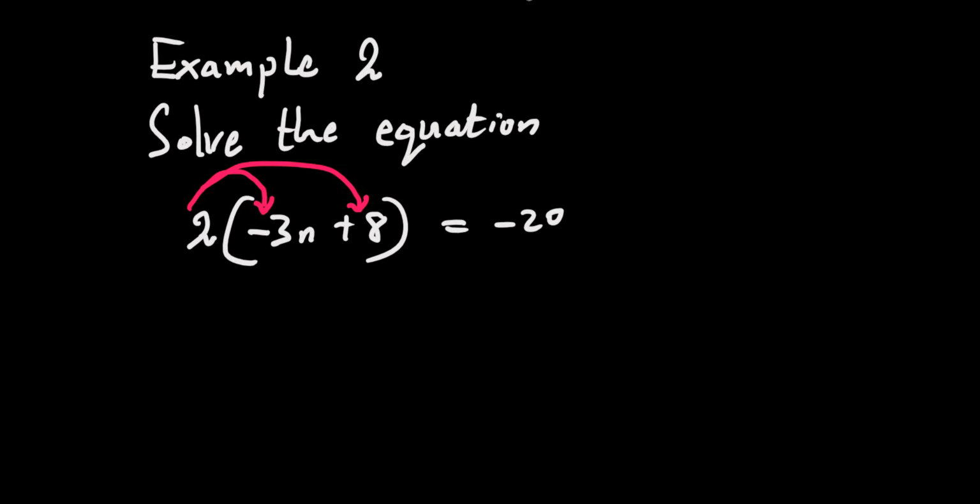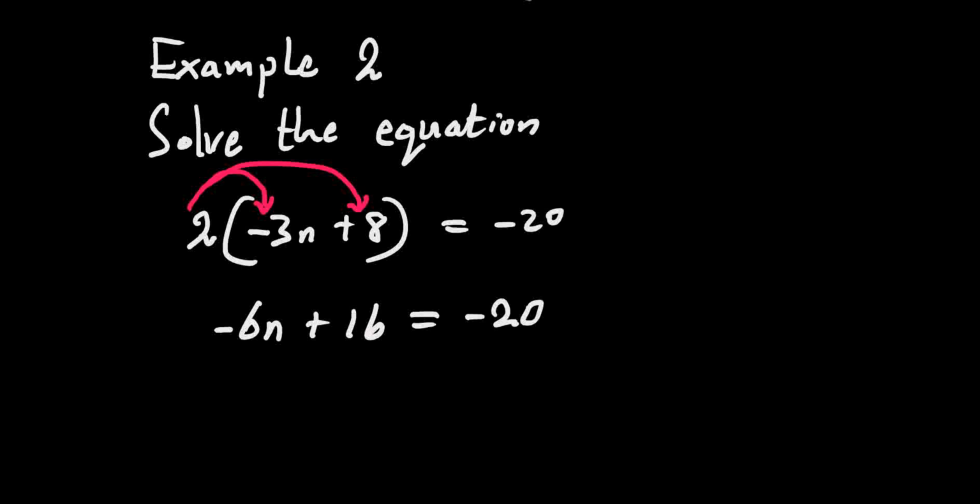So 2 times negative 3 will give us negative 6n, and 2 times 8 is 16, equals negative 20. So now we are going to isolate negative 6n by moving positive 16 from the left side.